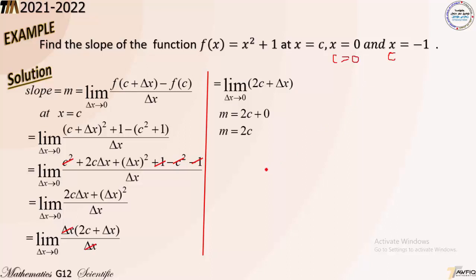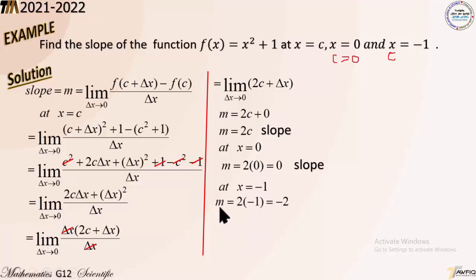The first time, replace c with 0, then m becomes 2 times 0, which is 0, the slope of the tangent line when x is 0. And now when x is minus 1, replace c with minus 1, then the slope is equal to 2 times minus 1, which is minus 2, the slope of the tangent line when x is equal to minus 1.